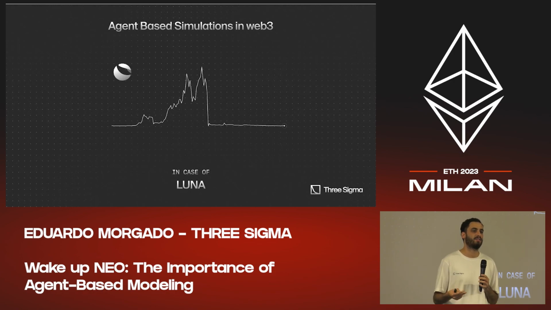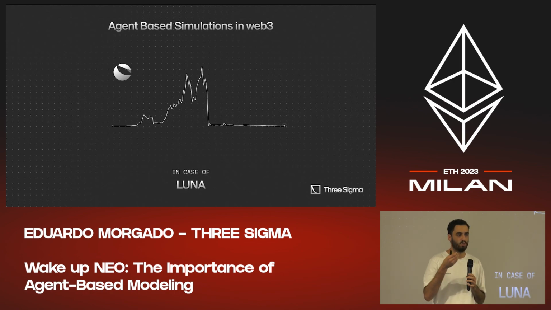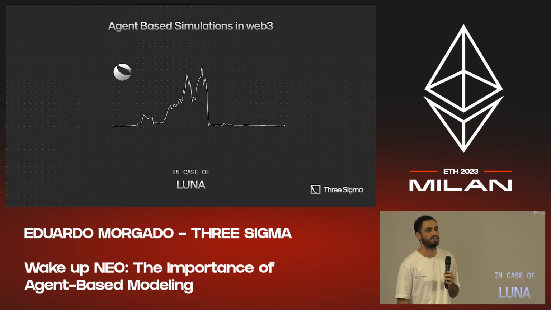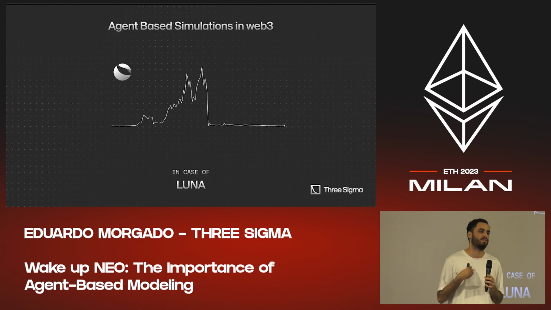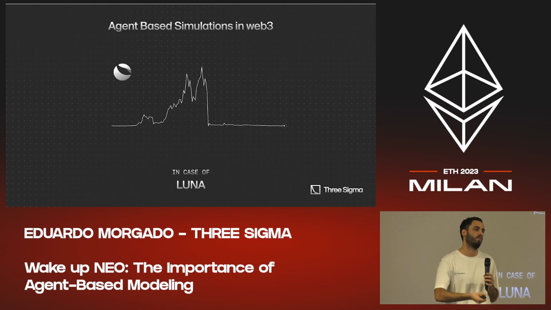So the second actor would be the Luna holders, which suddenly are also incentivized to actually sell off Luna, which puts further sell pressure on Luna to a point where we might have the liquidity providers suffering impermanent loss, and then suddenly they are also incentivized to actually remove their liquidity from the market and then sell it off, which further worsens the state of the system.